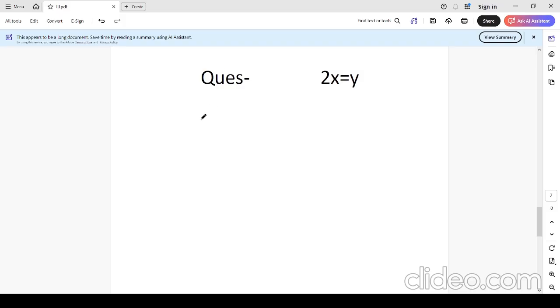2x equals y. Now this looks very different from the standard form. What exactly is the standard form? ax plus by plus c equals 0.